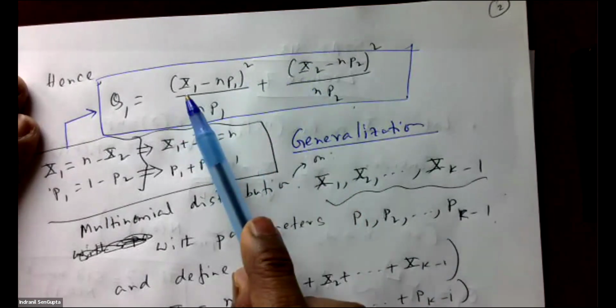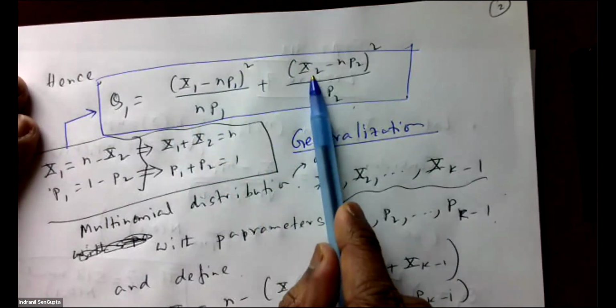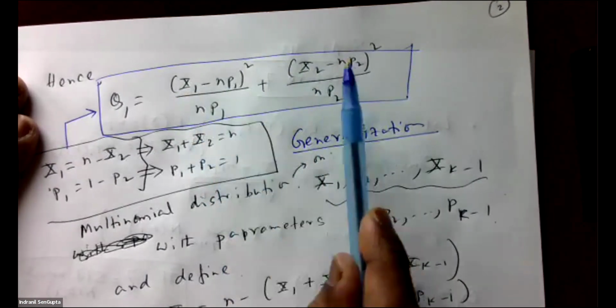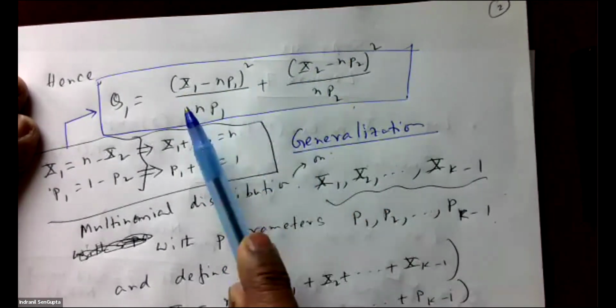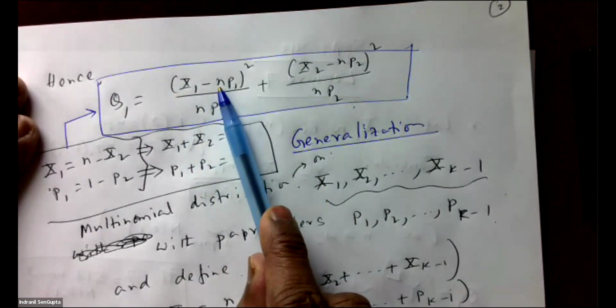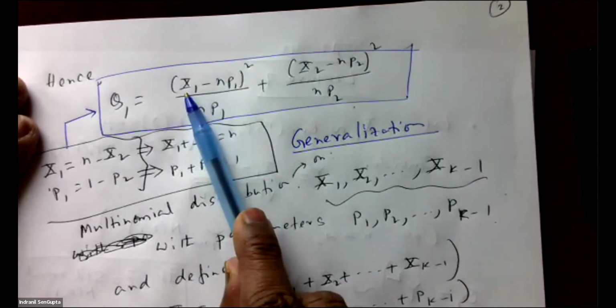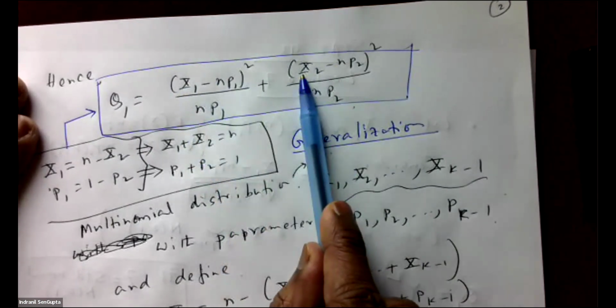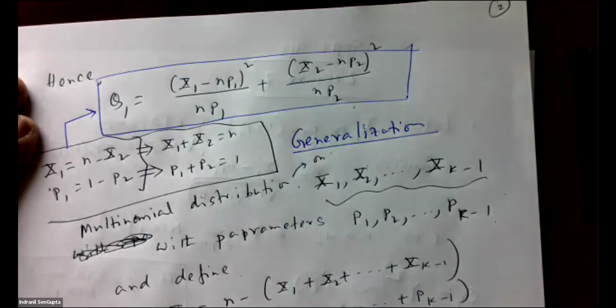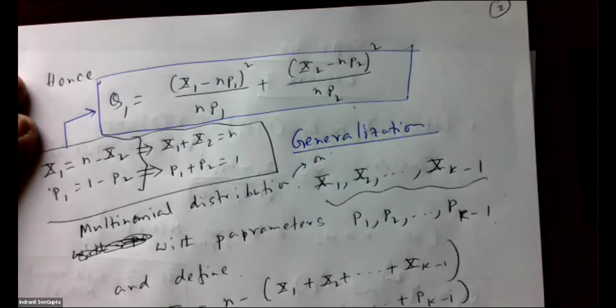So it's not just two independent random variables. Once we specify X1, we know X2. Suppose the value of n is 20 and the value of X1 is 19, then X2 has to be 1. Their sum must be 20.